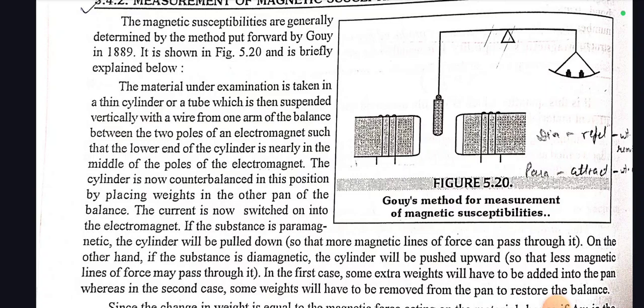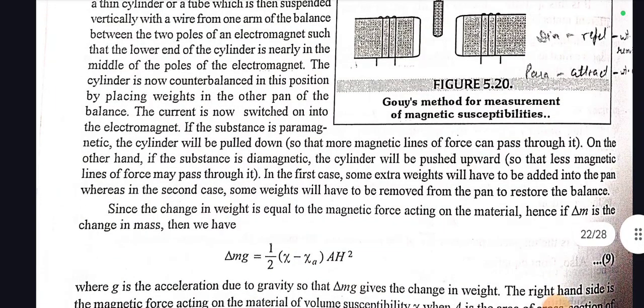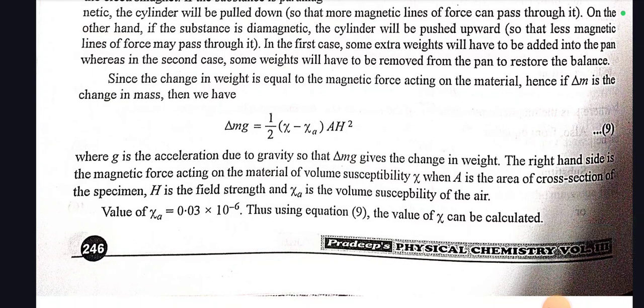The current is now switched on in the electromagnet. If the substance is paramagnetic, the cylinder will be pulled down. On the other hand, if the substance is diamagnetic, the cylinder will be pushed upward. In the first case, some extra weight will have to be added into the pan, whereas in the second case, some weight will have to be removed from the pan to restore the balance, since the change in weight is equal to the magnetic force acting on the material.